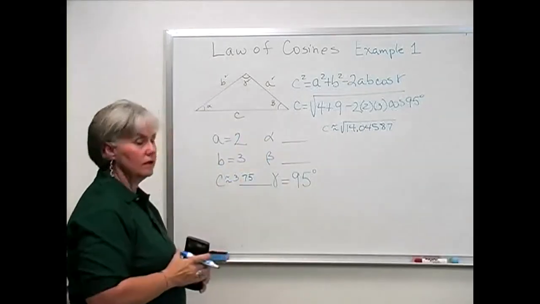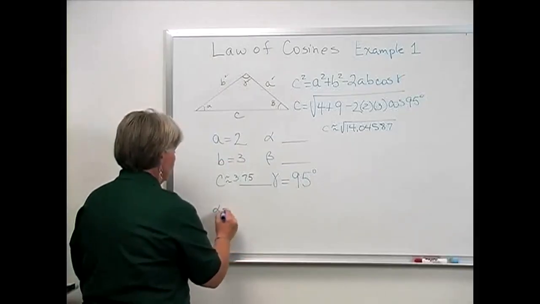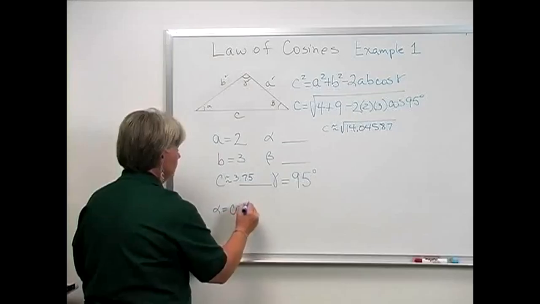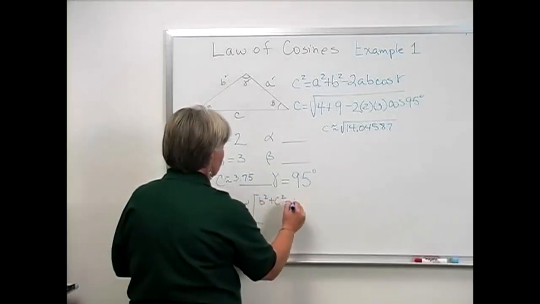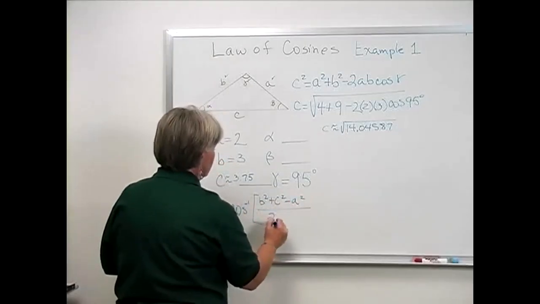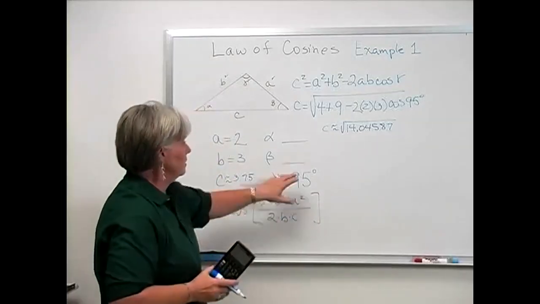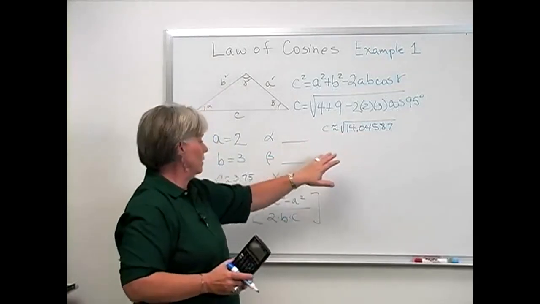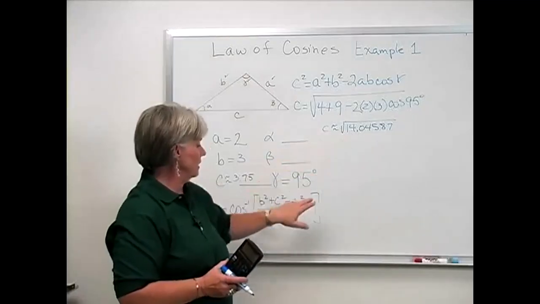Now we're going to use the law of cosines to find angle alpha. All right, so alpha is cosine inverse of B squared plus C squared minus A squared divided by 2 times B times C. Now you can see why we left this in this notation, because we can square it, get this number here, and then down here we'll use that square root notation.